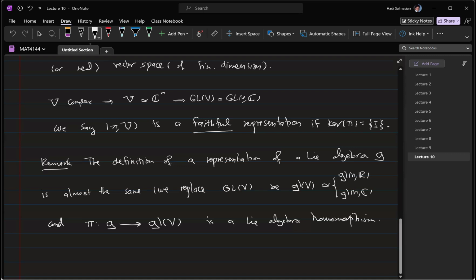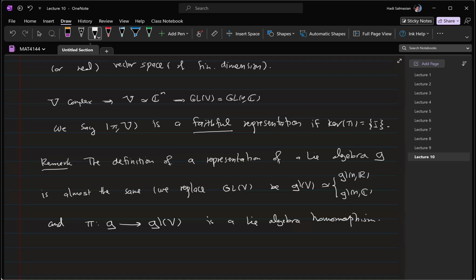The Lie bracket of two things in g under pi will be the Lie bracket in gl(V), which is like xy minus yx. It's the standard matrix commutator. Any questions so far? All is good?